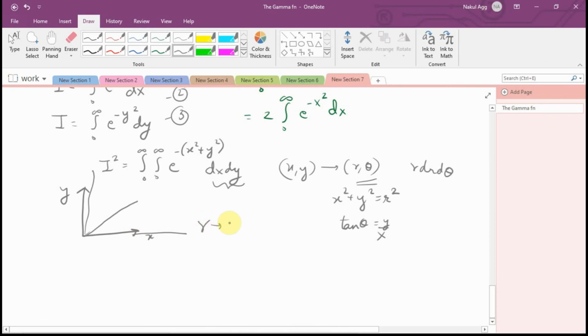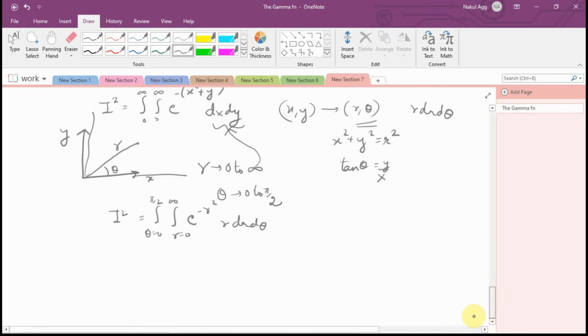This is theta, this is r, theta will go from 0 to pi by 2. Now making all these changes, we finally get I square is equal to theta going from 0 to pi by 2, r going from 0 to infinity, e raised to power minus r square r dr d theta.